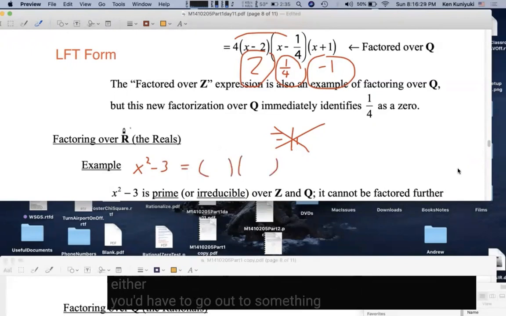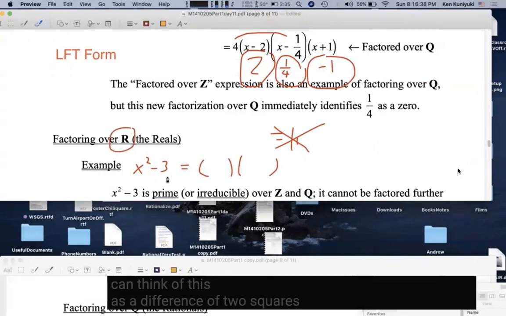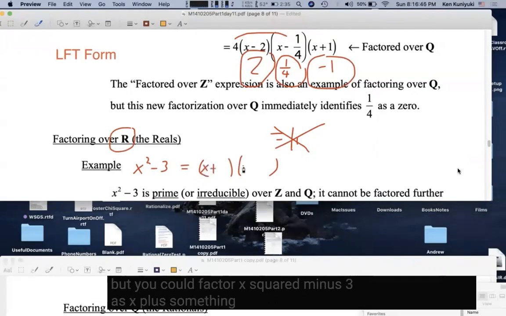You'd have to go out to something like the reals in order to be able to factor this. And how could you factor this? Well, we can think of this as a difference of 2 squares. It's just that 3 is not a very nice square. It's not a perfect square. But you could factor x squared minus 3 as x plus something times x minus something. 3 is the square of what number?